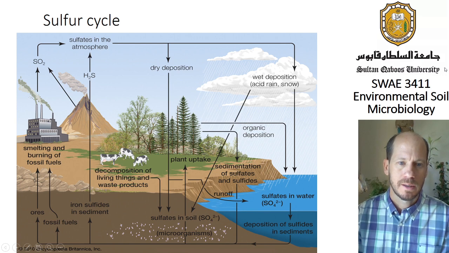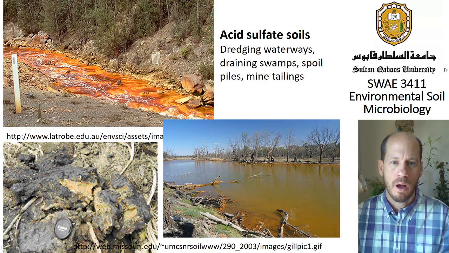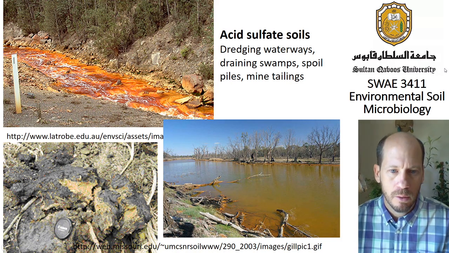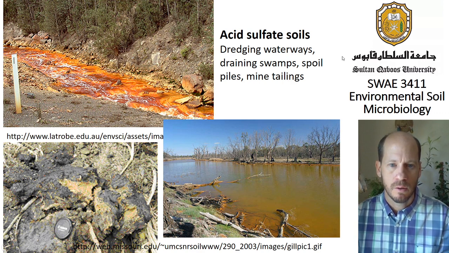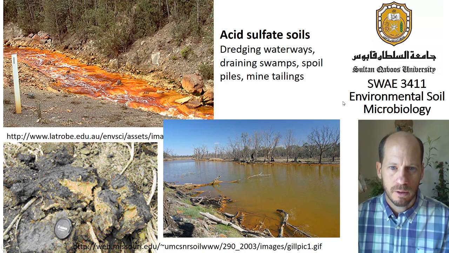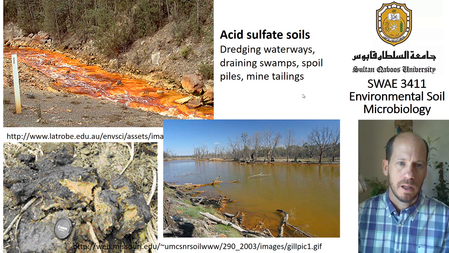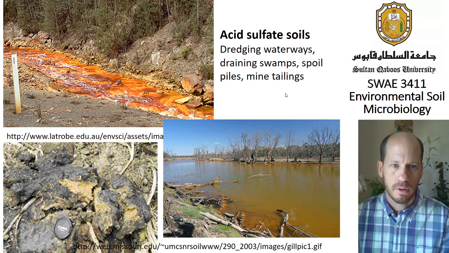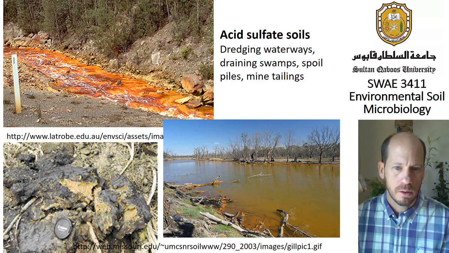Let's have a look at how sulfur naturally occurs in soils. In acid soils, the sulfur would be soluble in the form of sulfuric acid, and the excess of sulfur in acid soils normally causes the dissolution of iron, and the solubility of iron will contaminate these waters with the red color that you see here.